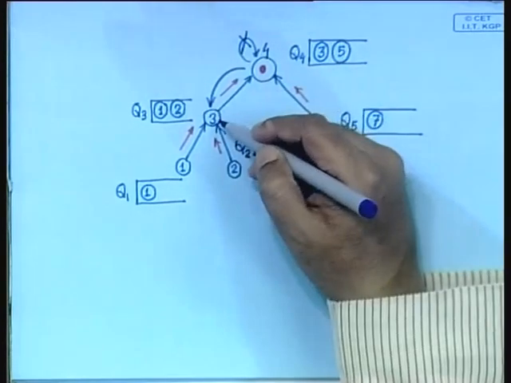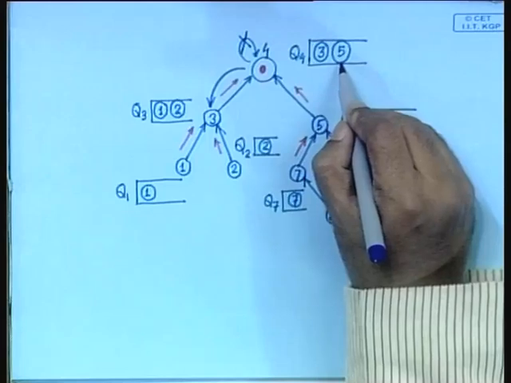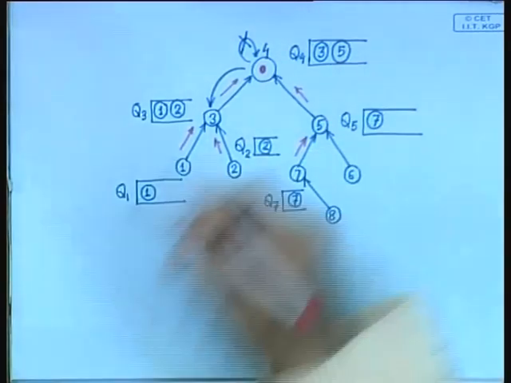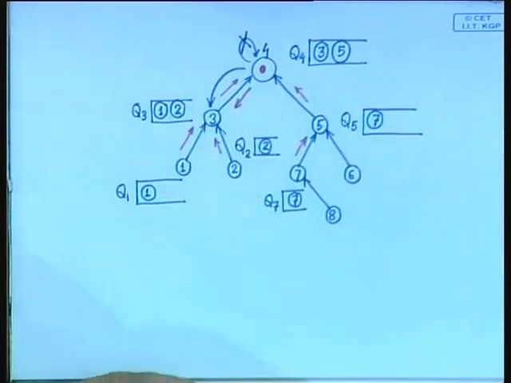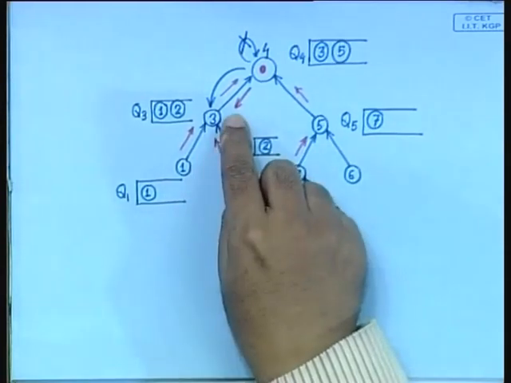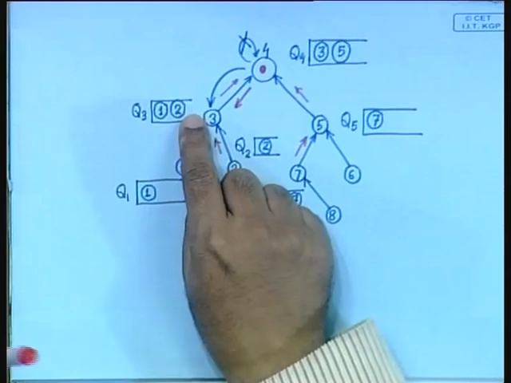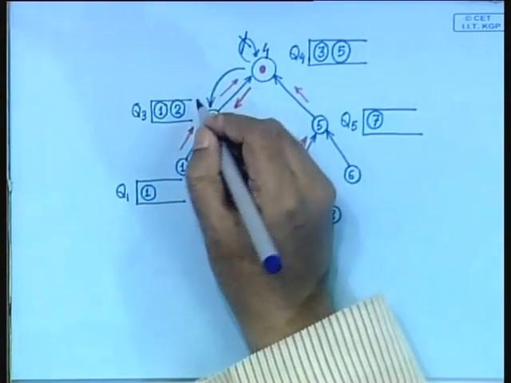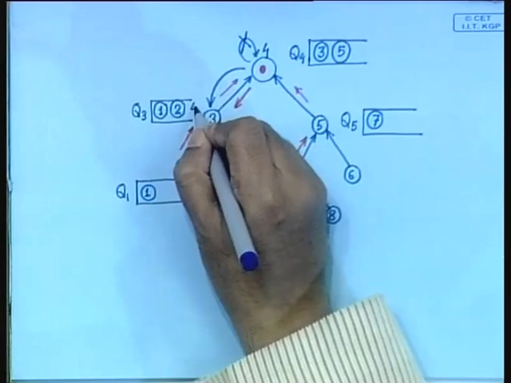It sends the token to 3, but it also has another request in its queue. So, it will also put a request here, right, and that request will be noted by Q3. So, Q3 will note that here I have a request from 4.